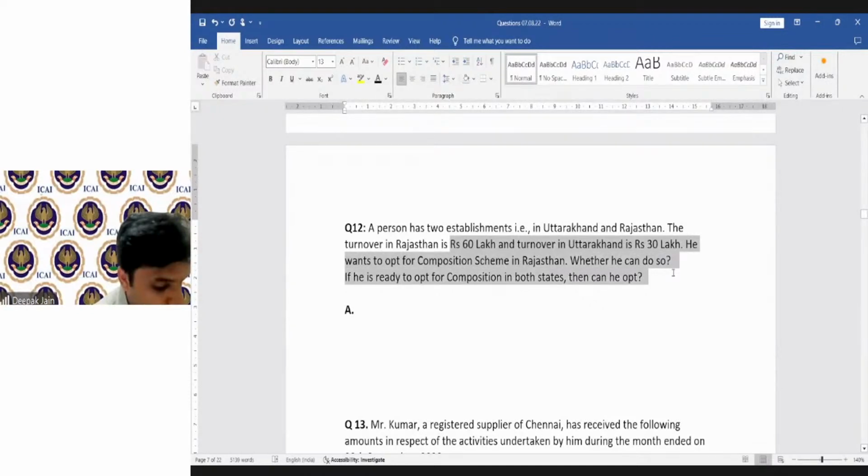If he is ready to opt for composition in both states, then can he opt? No, since his aggregate turnover is exceeding 50 lakhs, he is not eligible.